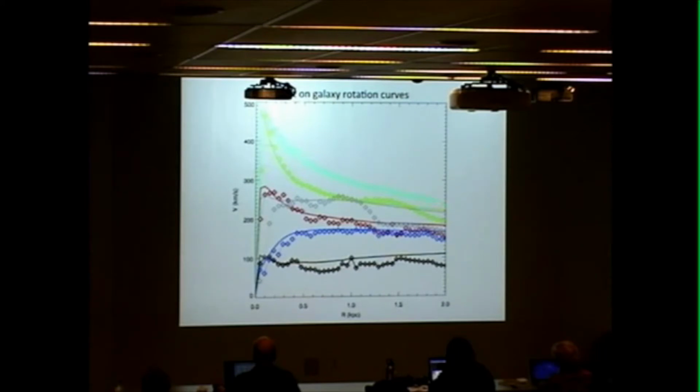If you don't have feedback and you have a high star formation density threshold, you have this enormous peak of rotational velocity. And this gets worse as you increase the resolution of your simulation. You get a higher and higher peak. We've done simulations with 0.5 parsec resolution, and this peak goes above 1,000 kilometers a second. If you now simply use the turbulent star formation recipe that I've described to you, without putting any feedback, you get the gray curve. And lo and behold, the peak is gone.